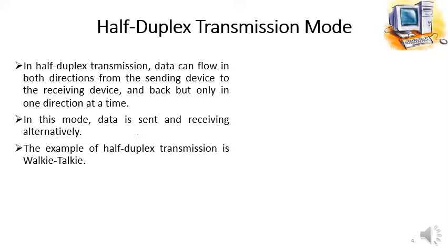The example of half duplex transmission is the walkie-talkie. Walkie-talkie is a type of communication system which follows the half duplex transmission mode. It means that a walkie-talkie is capable of sending or receiving data.